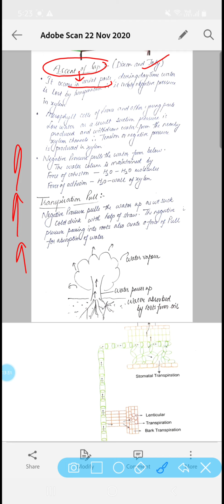Now what happens during the daytime, the extra water is lost by the process called evaporation. So through evaporation the extra water of the plants gets removed, and that process of removal of extra water through evaporation is called transpiration. Now as transpiration regularly takes place during the daytime, it produces negative pressure in the xylem.